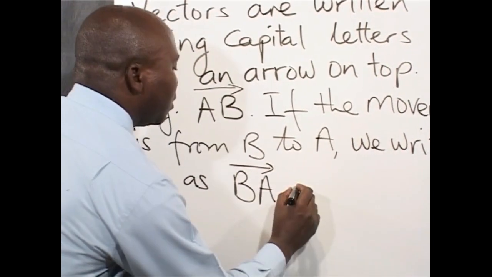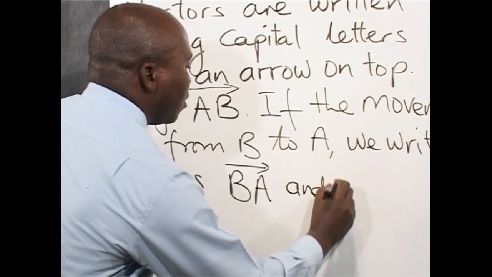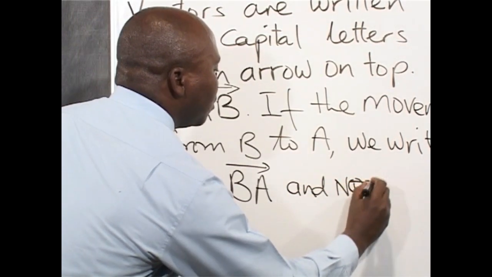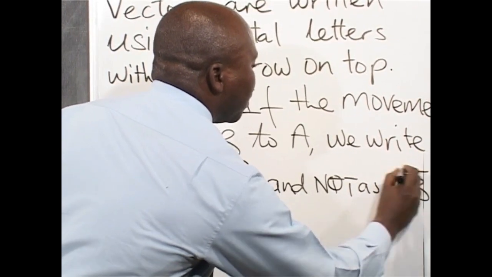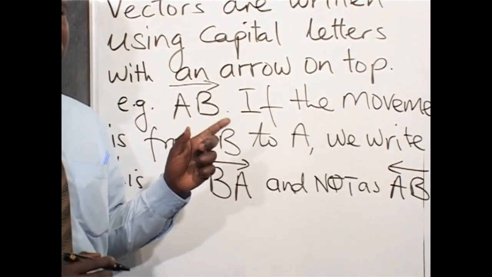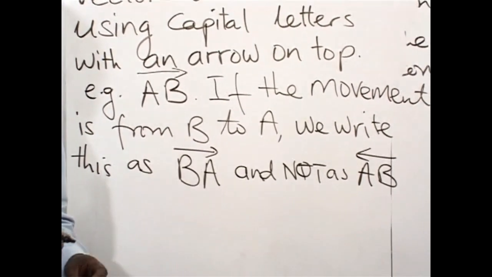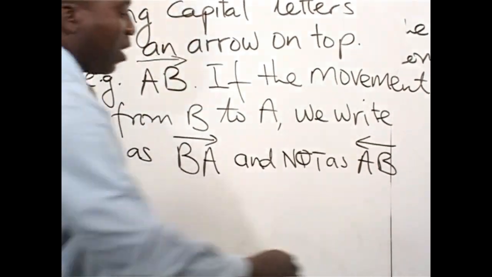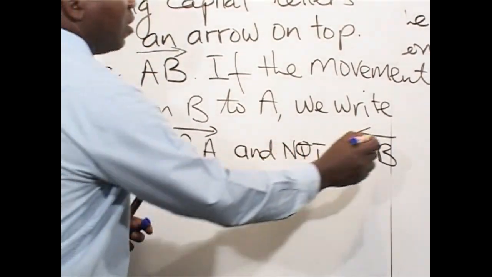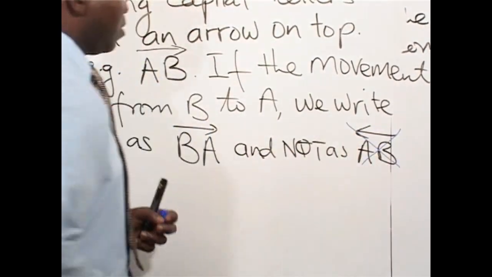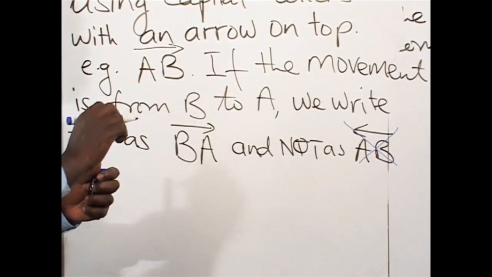Please do not write this with the arrow facing backwards. We don't write vectors like that. So when you are writing a vector, do not write the arrow moving backwards. The arrow is always written pointing to the right.